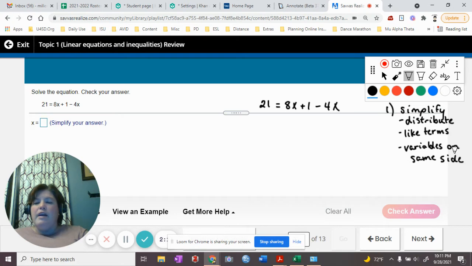After I go through those three things, then I need to undo my constants. And lastly, we're going to undo our coefficients.